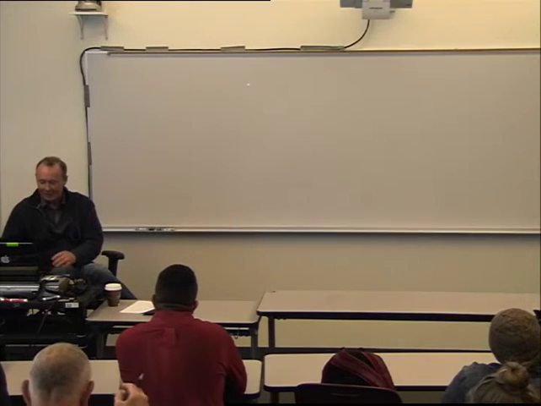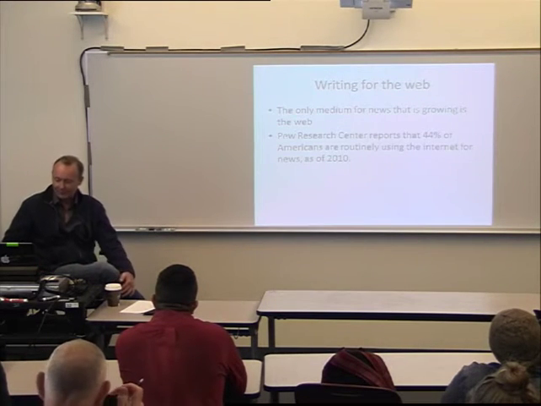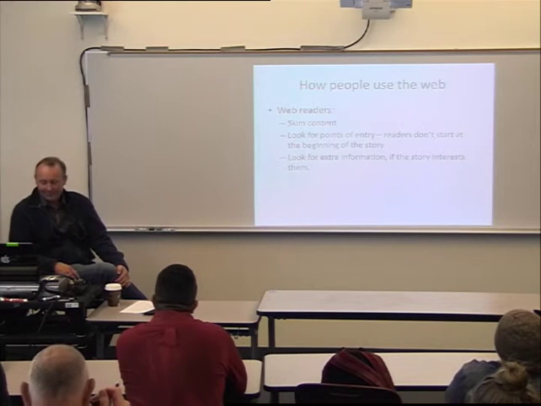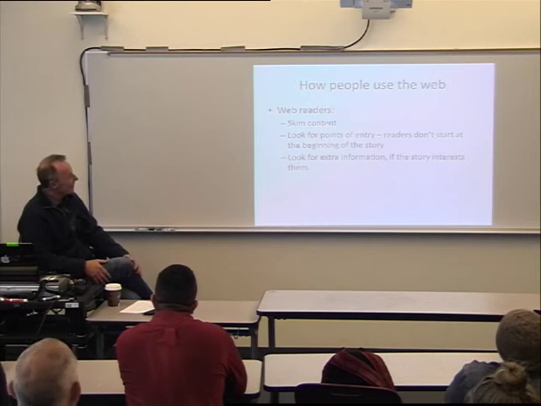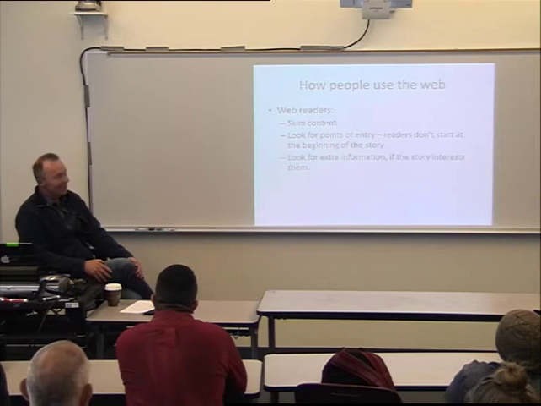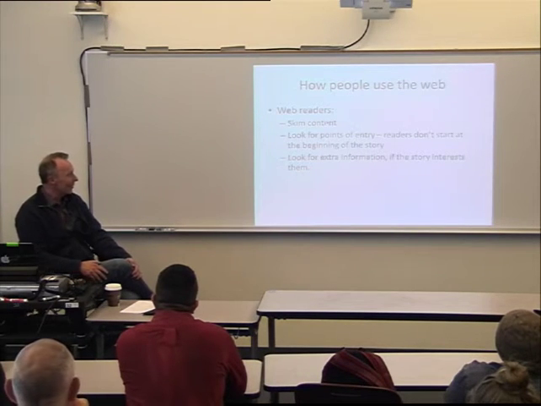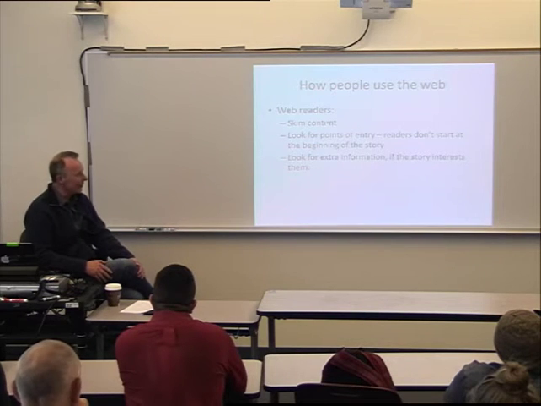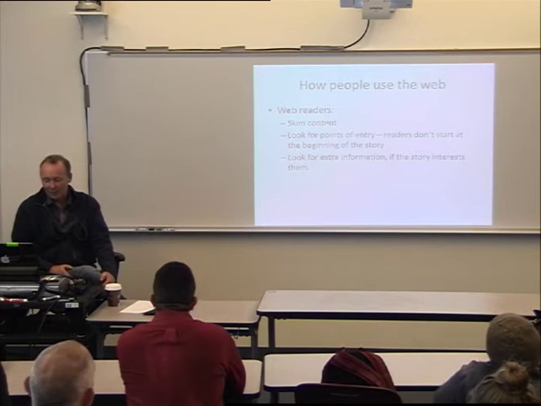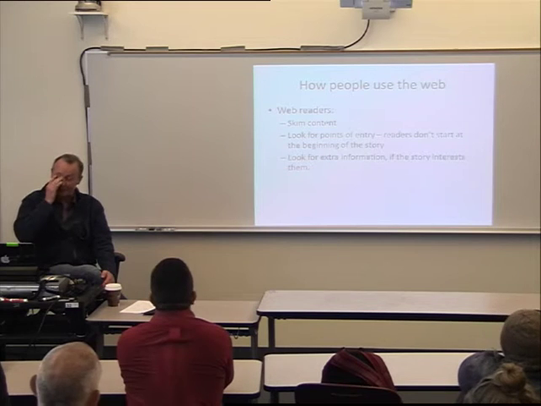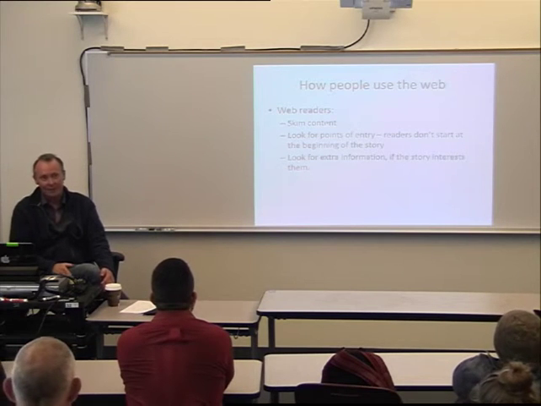If I dip into the textbook at this point, what they tell us is that web readers skim the content, look for different points of entry, and look for extra information if the story interests them. So these are just some ideas about web readers, but especially skimming for content.